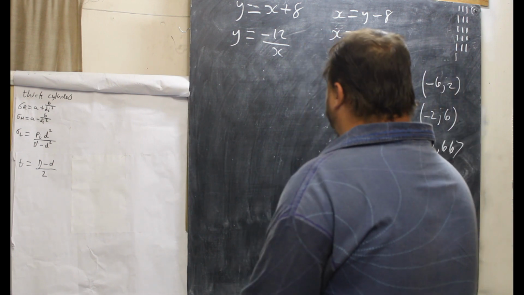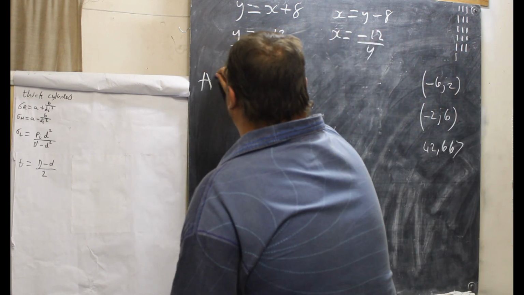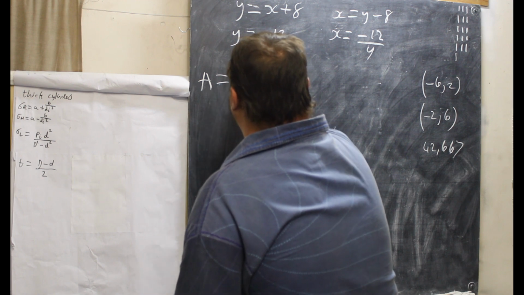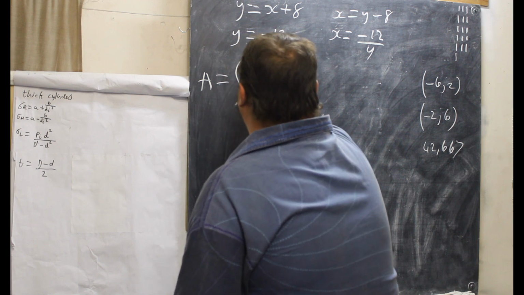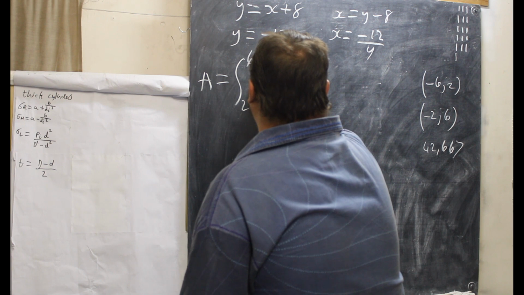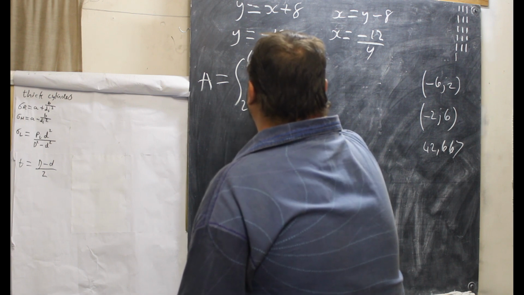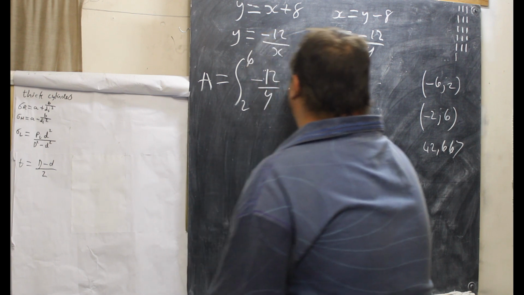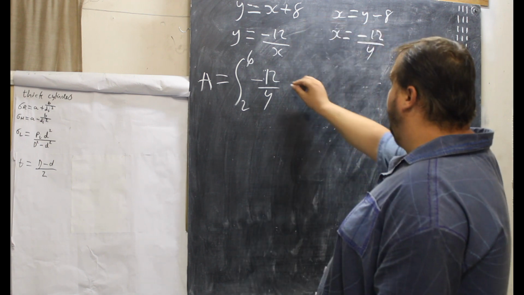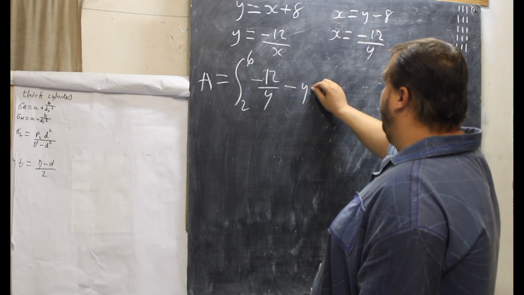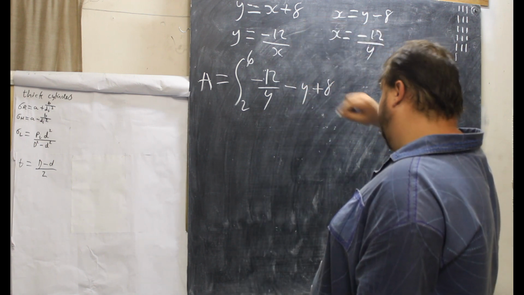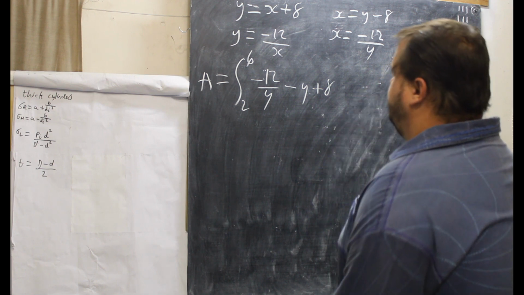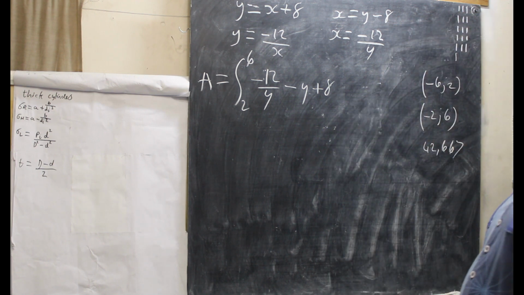So we need area. Area is simply the integral from 2 to 6 of minus 12 over y minus y plus 8, and we're just plain old integrating.